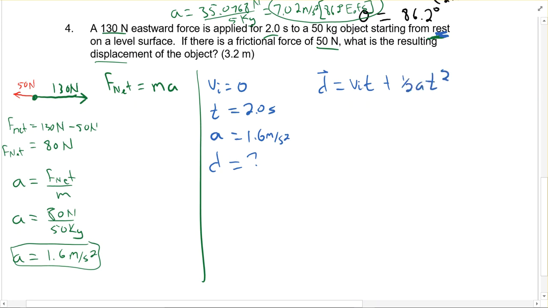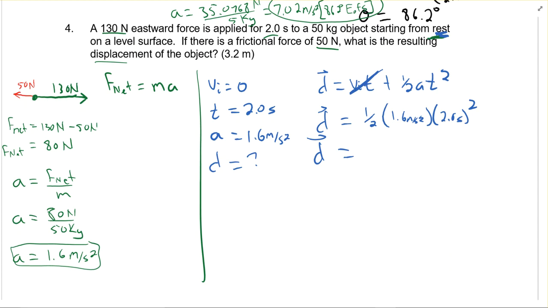And it's going to become a little easier because vi is equal to 0, so this cancels. So we just have 1/2 times acceleration of 1.6 meters per second squared times a time of 2.0 seconds squared. So my displacement is 3.2, oh, not 32, 3.2 meters.